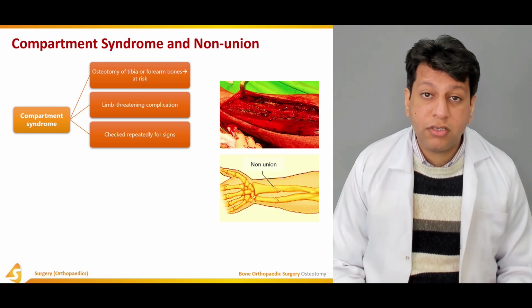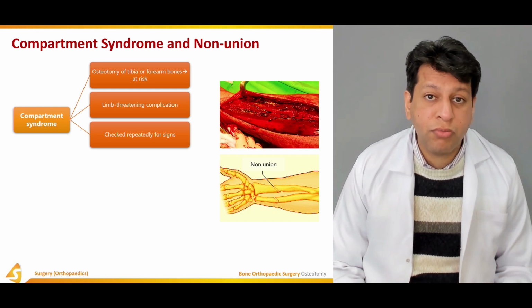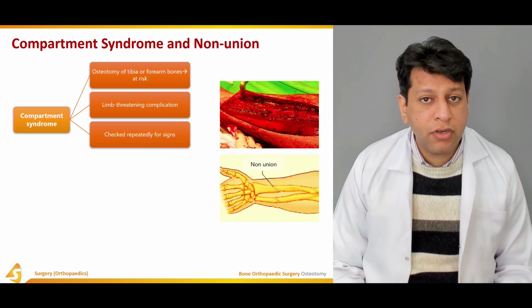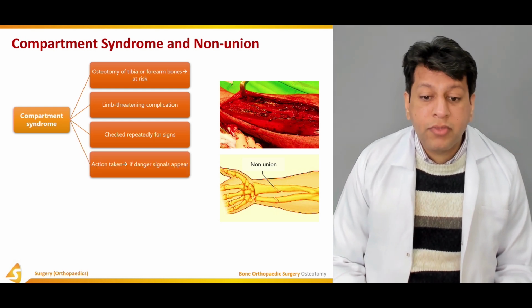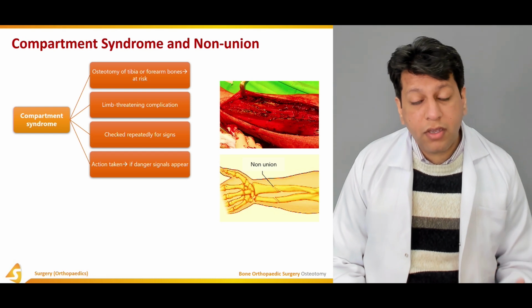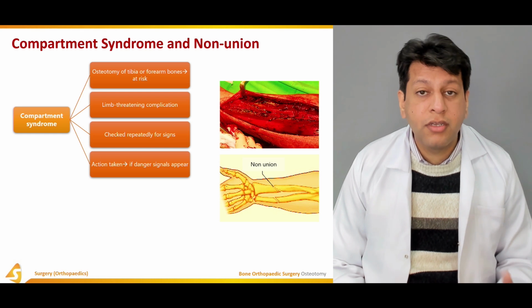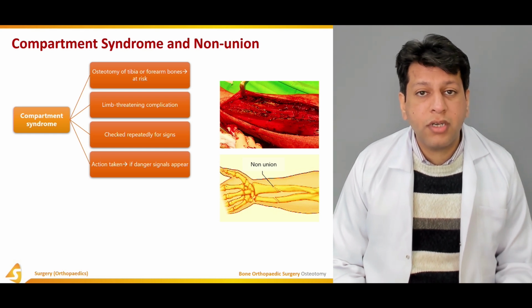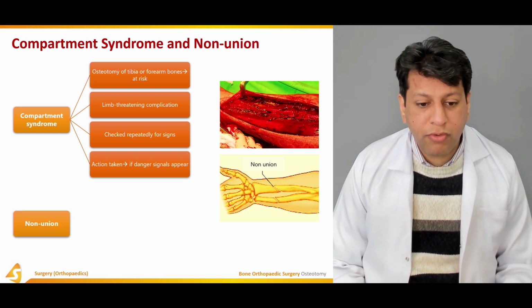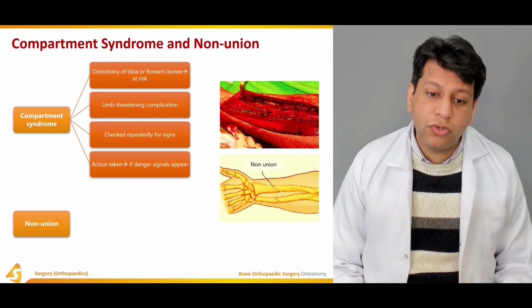These are the earliest signs which emerge in compartment syndrome, and the patient must be evaluated for this after deformity correction. If for example you suspect compartment syndrome post deformity correction, then one must undergo fasciotomy so that the compartment syndrome can be avoided.